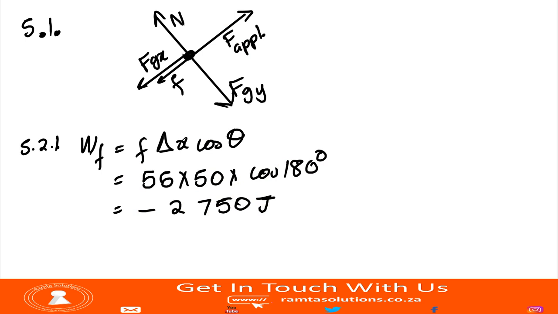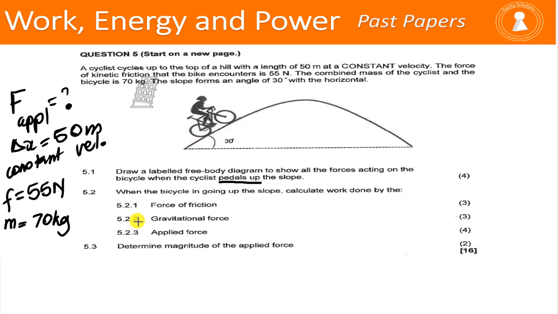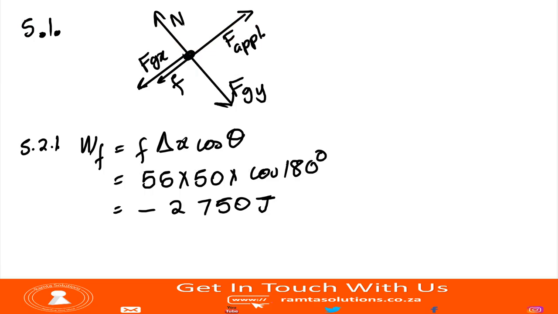Perfect. Now, work done by the gravitational force. This one is interesting, guys. Remember, with this free body diagram, you resolved your gravity. This gravity does no work on the object, but it is the component along the slope that is doing work on the object.